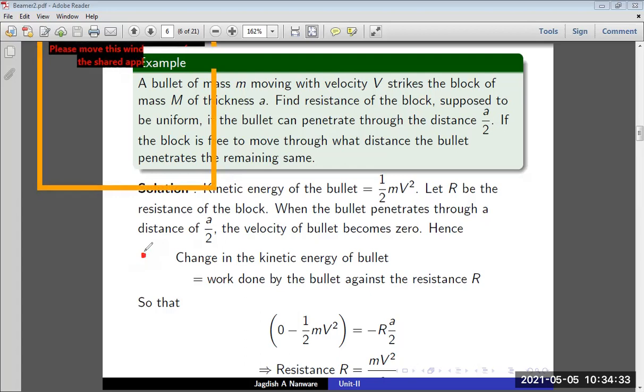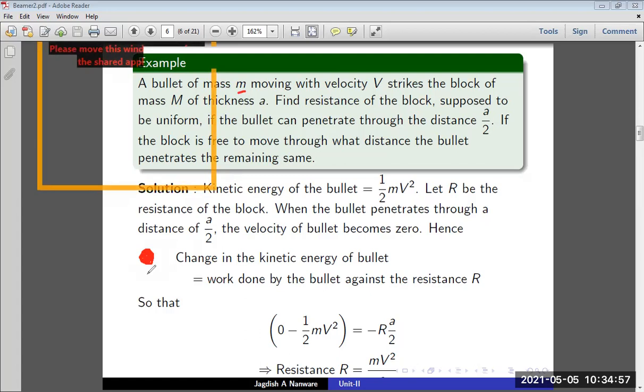Suppose this is the bullet and this bullet is going to hit the block. So this is the bullet whose mass is denoted by small m.